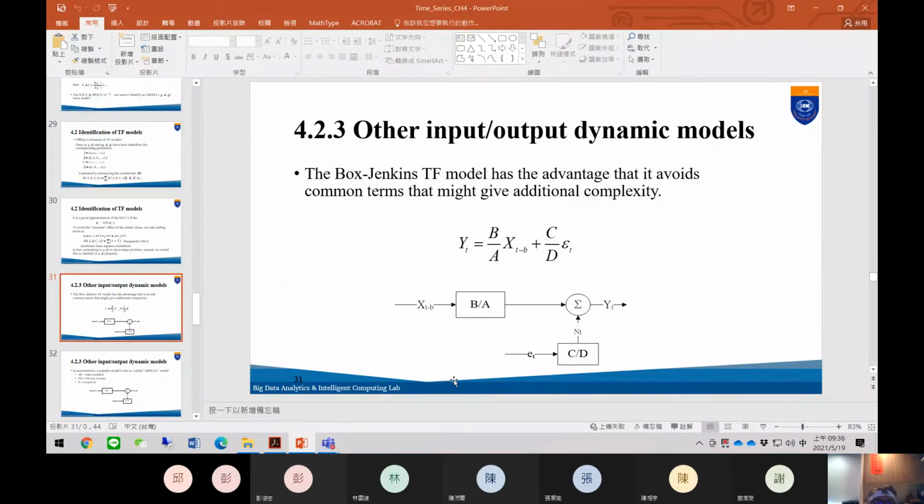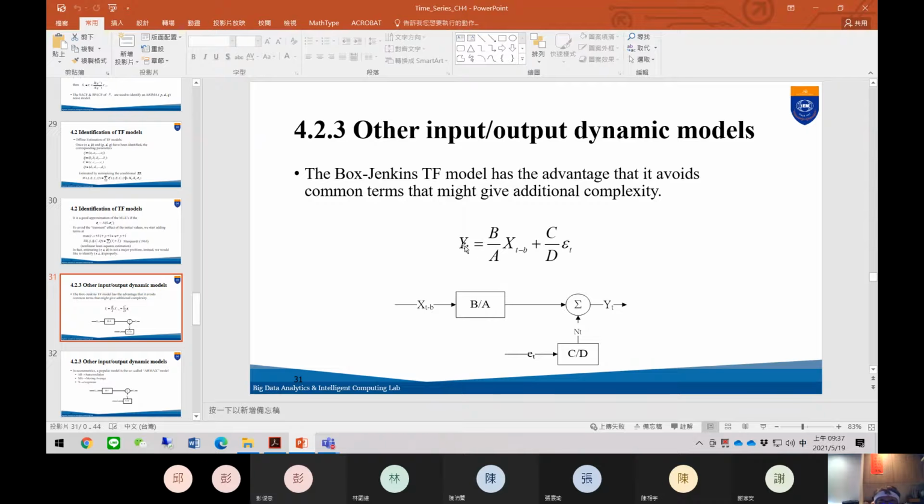And the other input-output dynamic models, the Box-Jenkins transfer function, has an advantage: it avoids the common term that might add complexity.